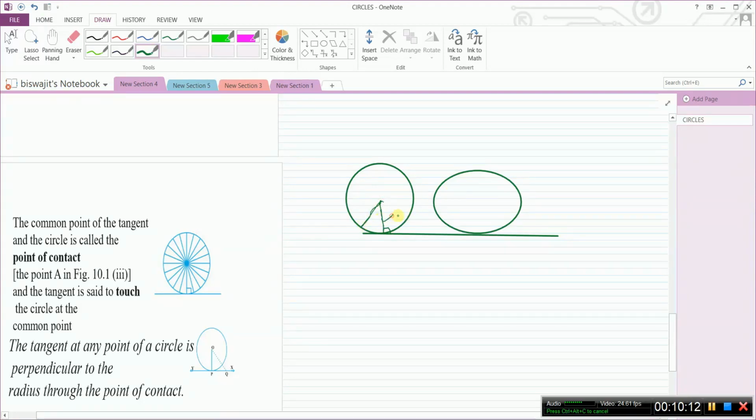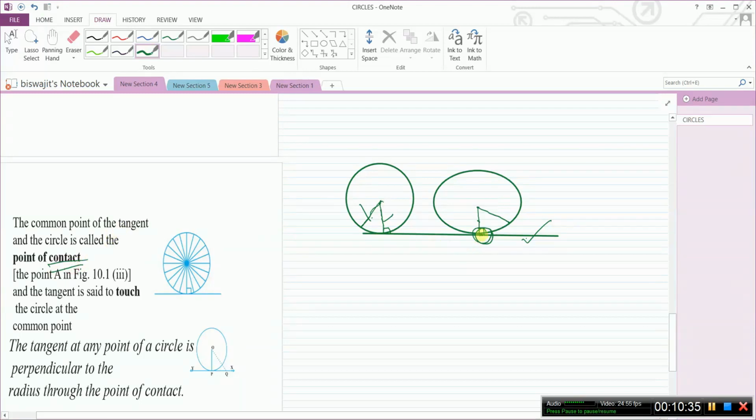So this line goes to this position, and another radius comes to this position. So the radius will be perpendicular to the tangent at the point of contact.